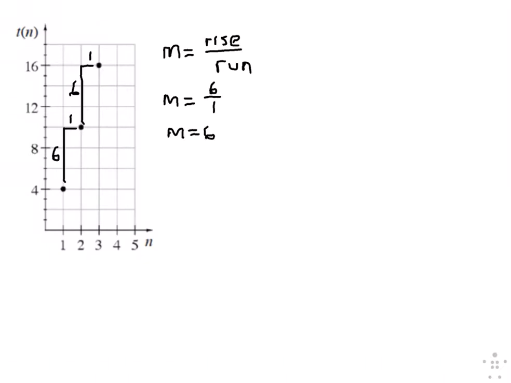So for a linear equation in the form y equals mx plus b, right, we need the slope and the y-intercept. So to calculate the y-intercept here, I could just follow this down. So I need to go from 4, I need to go down 6.